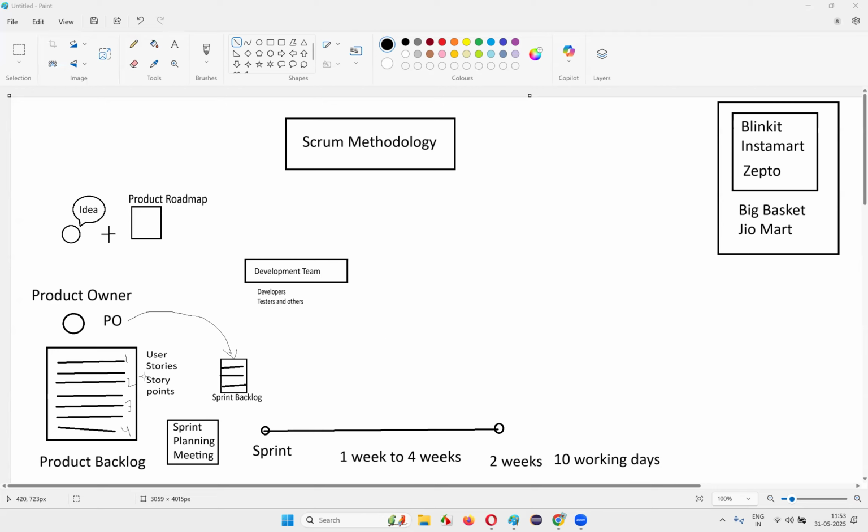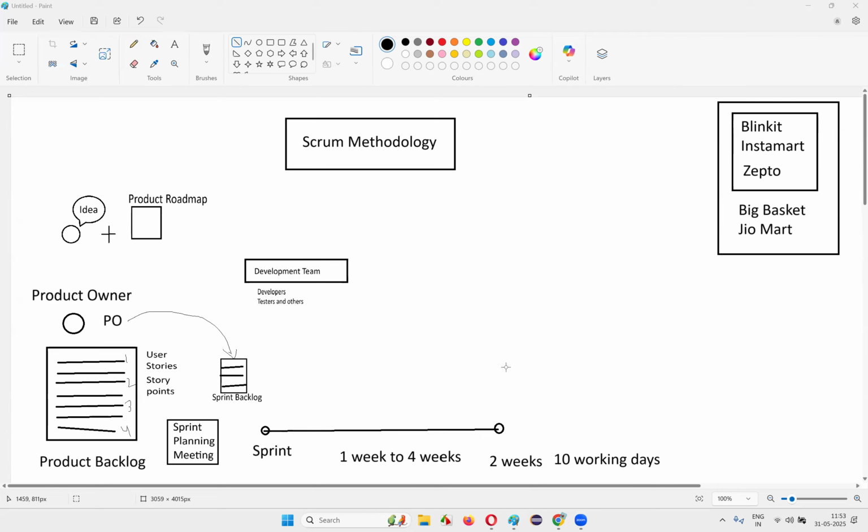Once the product owner proposed user stories and the development team committed to them, agreed to work, which means committed, the user stories get assigned to the sprint backlog. Then the sprint will start. Who will start the sprint? The product owner will start the sprint. Once the product owner starts the sprint, how much time will there be for the development team to work on these user stories?